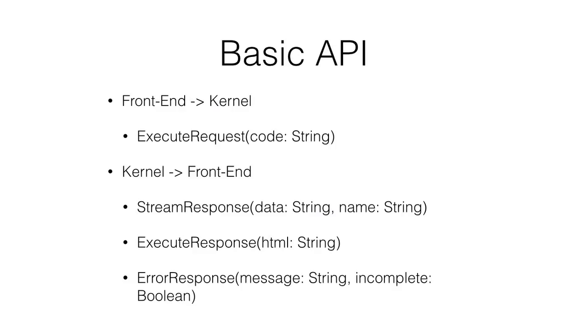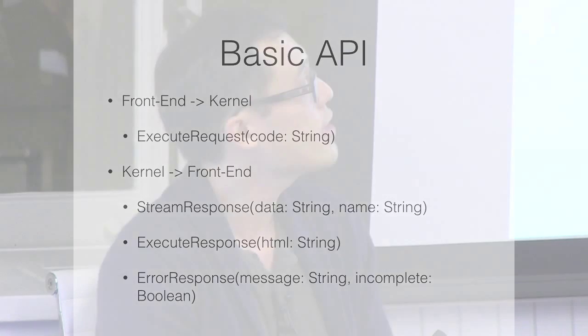So the basic API is pretty straightforward. Whenever the user wants to run code, they issue an execute request that goes from JavaScript all the way to the kernel via WebSocket to an actor message to essentially a REPL function call. The kernel can pass 3 messages back to the front end. The first message it can send back is whenever there's a println from the running REPL evaluation, it can send a stream response back.